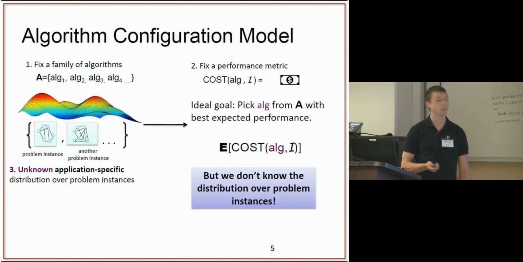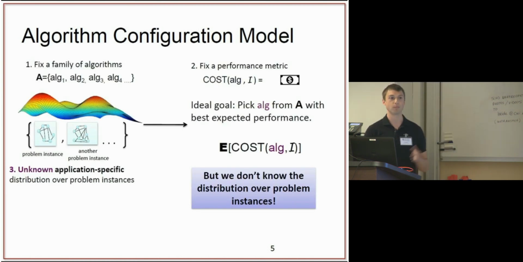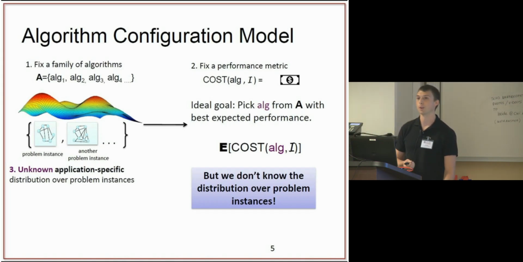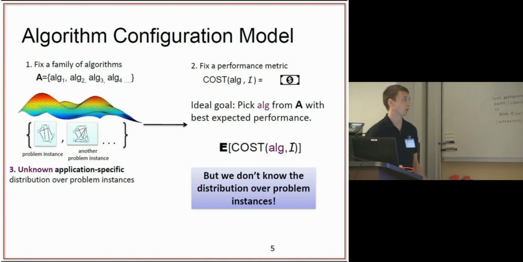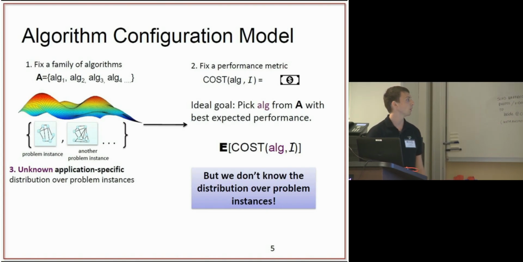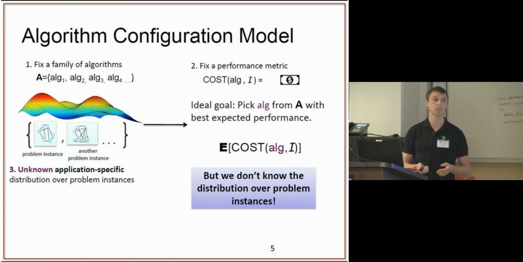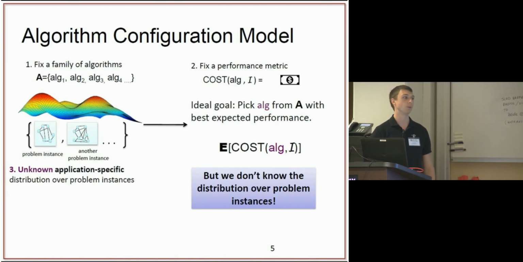In the framework, we have some family of algorithms that we pick. It could be an infinite family. And then we have some performance metric. Let's just think about approximation ratio for this talk. And then we assume there's some distribution over problem instances corresponding to our application. And this is going to be unknown to us.